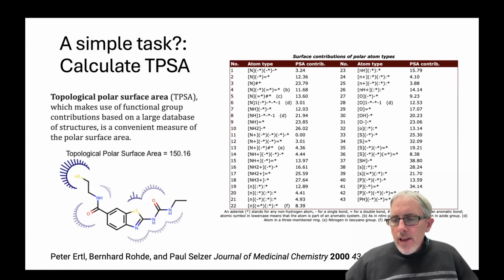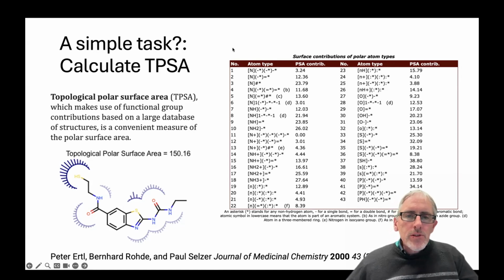So TPSA is a concept that originated from a Peter Ertl paper in 2000. And this is a straightforward concept that's proved to be very powerful. The idea is that you can do a simple calculation just from a chemical structure, without a three-dimensional structure, and get a numerical value for what the polar surface area of that molecule would be.